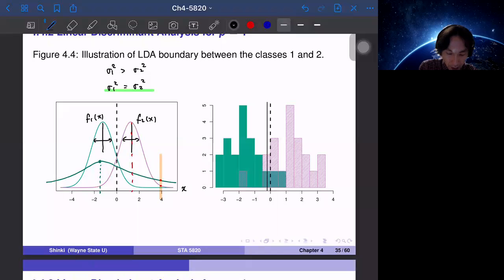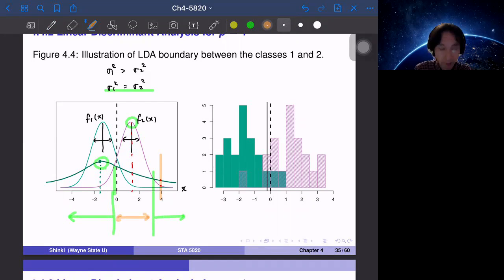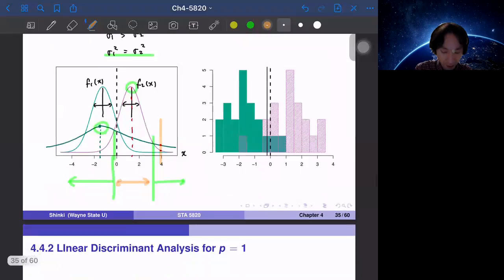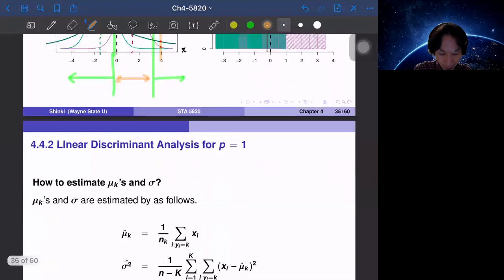So in this case, if we compare this density function and this density function, here the green density is larger, and also here the green density is larger, and in between the purple density is larger. That is pretty counterintuitive. So if the animal is less than 500 pounds or more than 1,500 pounds, we regard it as a horse, and in between we regard it as a giraffe. That is a very counterintuitive rule, and it's not stable, we can imagine.